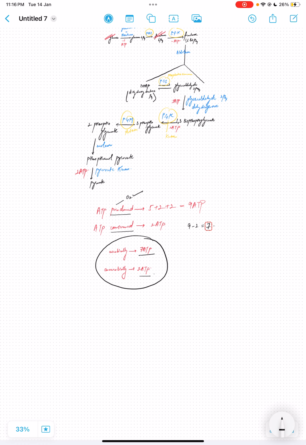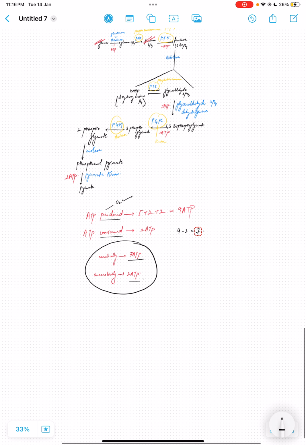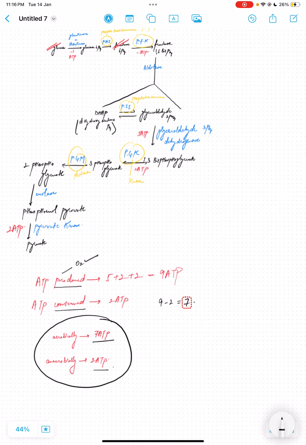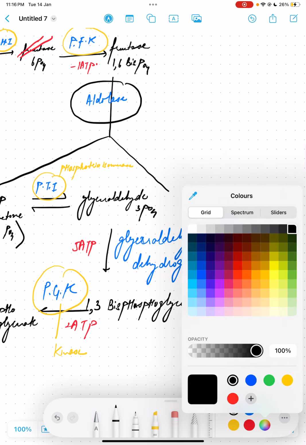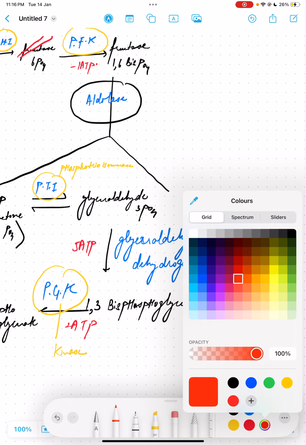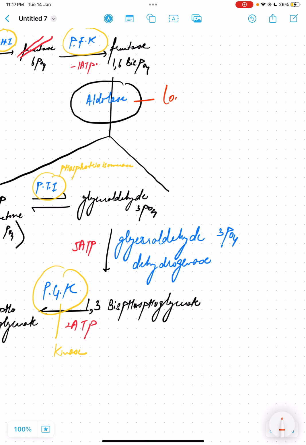And further I want to tell you about the committed step. During the conversion of fructose 1,6-bisphosphate into 2 parts, the enzyme aldolase is the committed step. This is the committed step that you should remember.